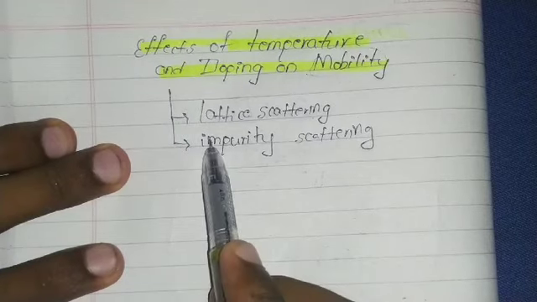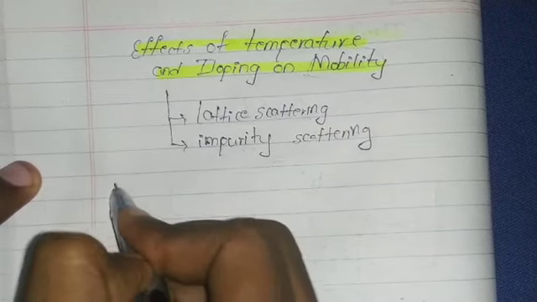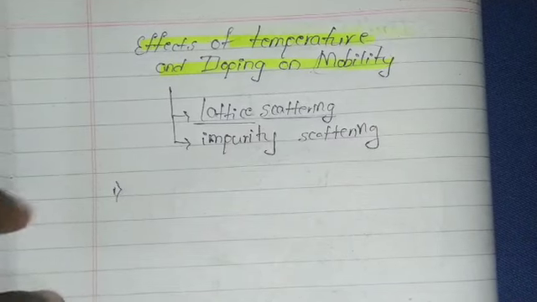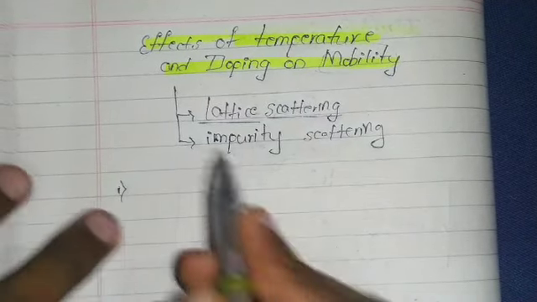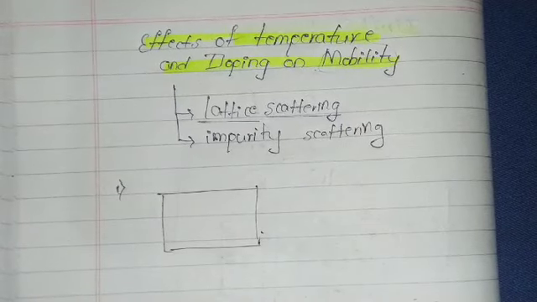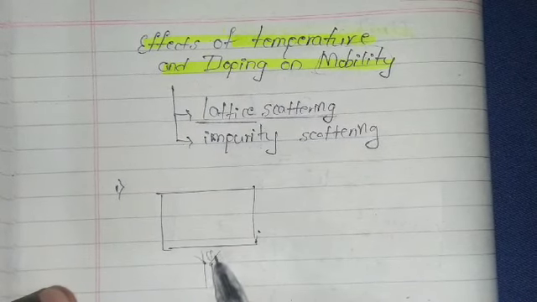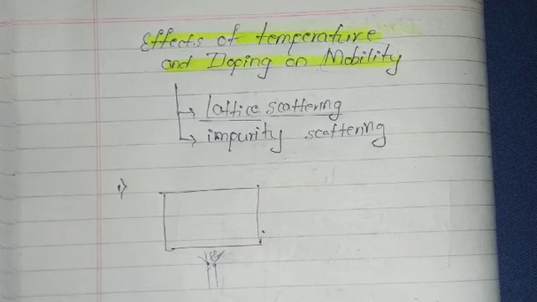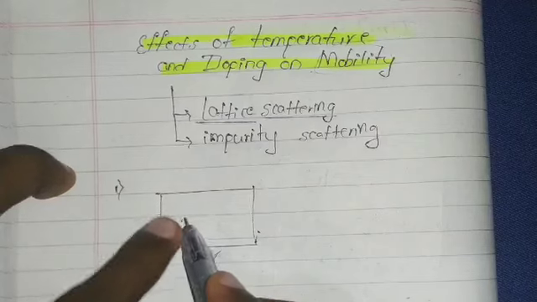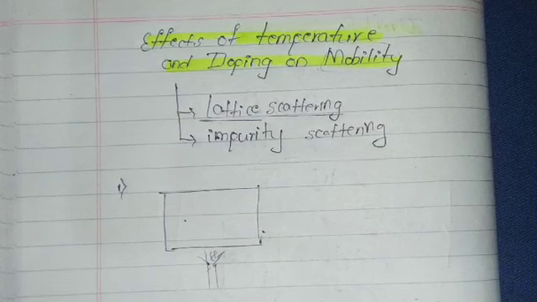Then what are this lattice and impurity scattering? First, let's discuss lattice scattering. Lattice scattering means if I consider one semiconductor, then when I increase the temperature, the vibration in the charge carriers also increases.